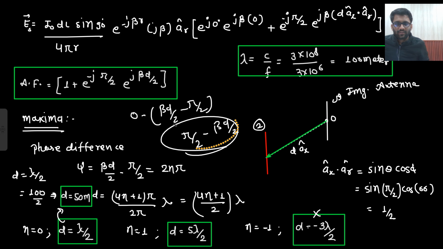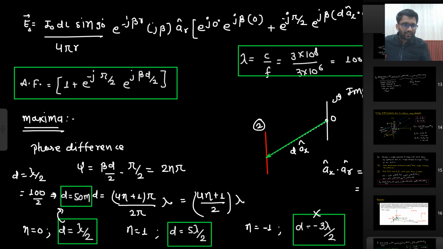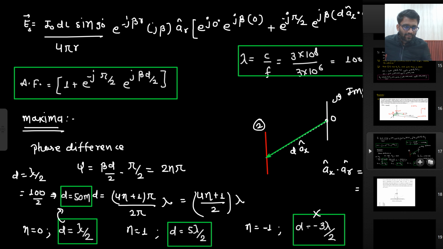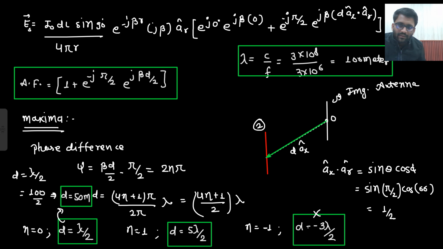So let's solve it. We have to add another page. So what I mean to say is that if I had taken my phase difference equals to opposite, what is that phase difference? 0 minus beta d by 2 minus pi by 2.